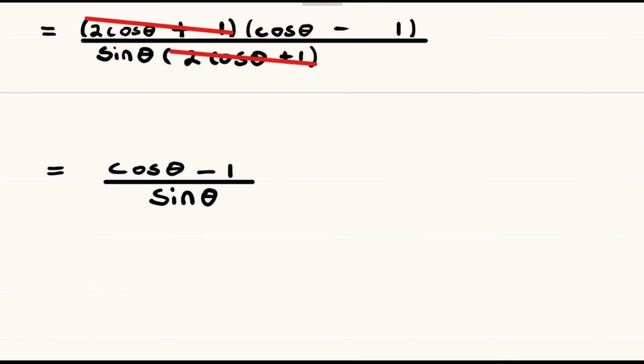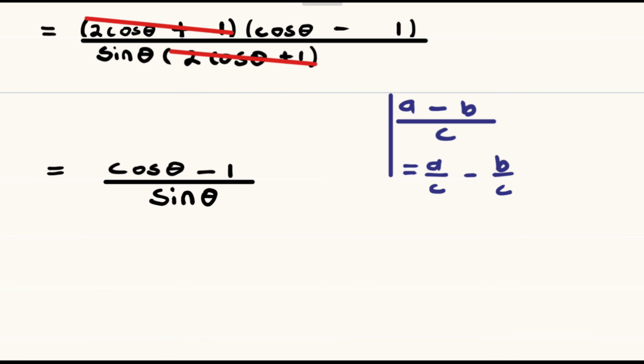Now suppose that we had a minus b divided by c. This will be equal a divided by c minus b divided by c.